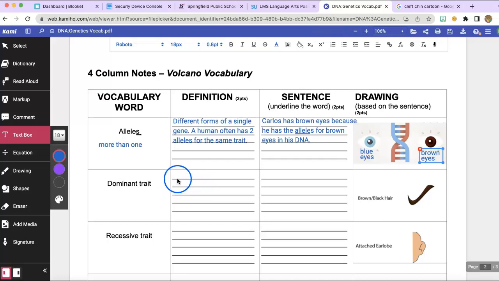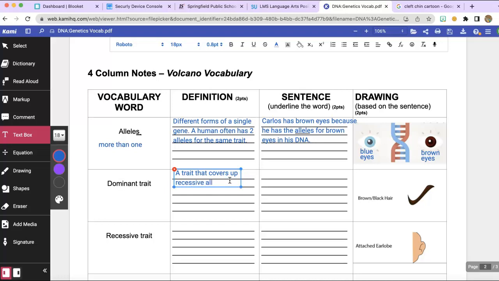Okay, guys, we're on to dominant traits. So, with your pencil, go into the definition column for dominant trait. And a dominant trait is a trait that covers up recessive alleles.